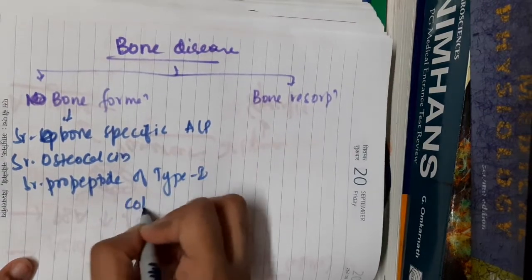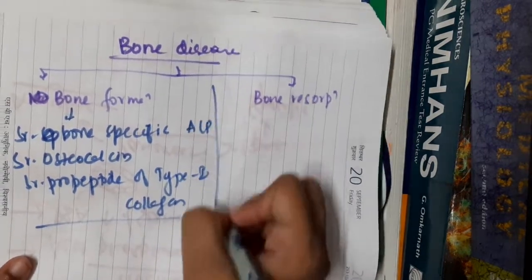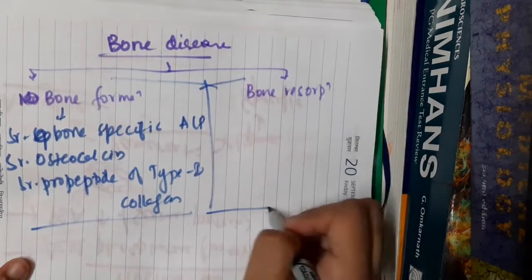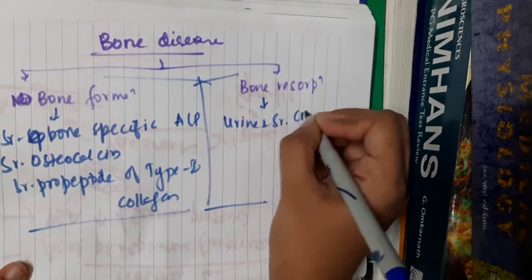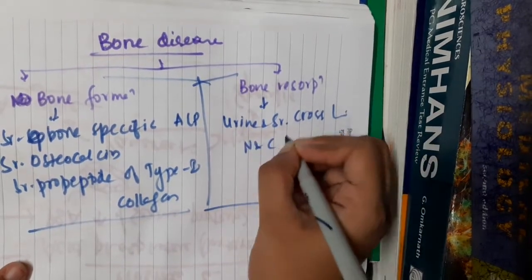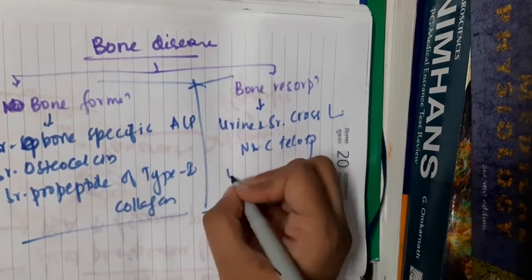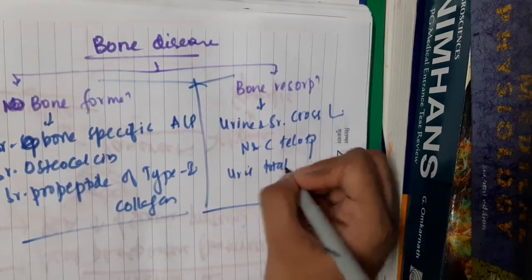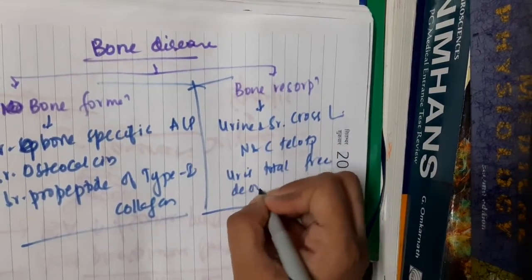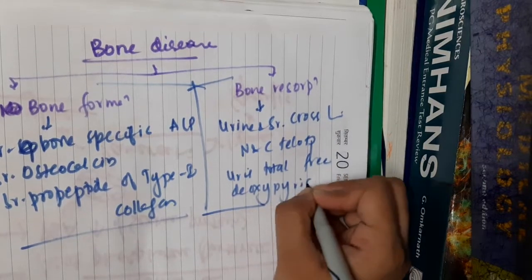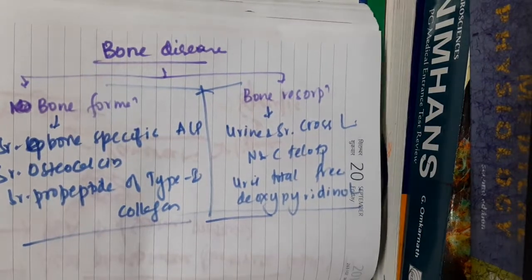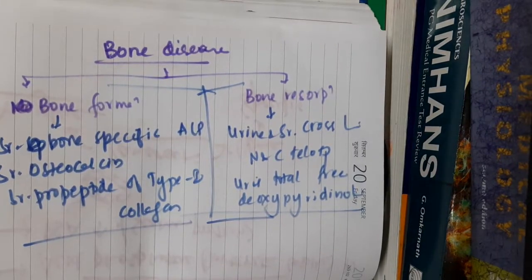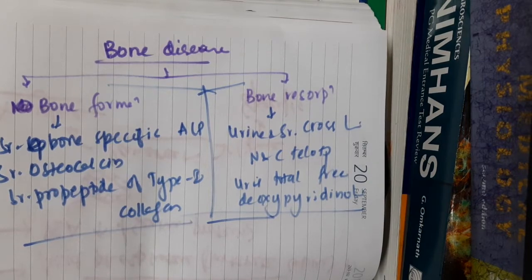Markers of bone resorption are urine and serum cross-linked N and C telopeptides, and urine total free deoxypyridinoline.